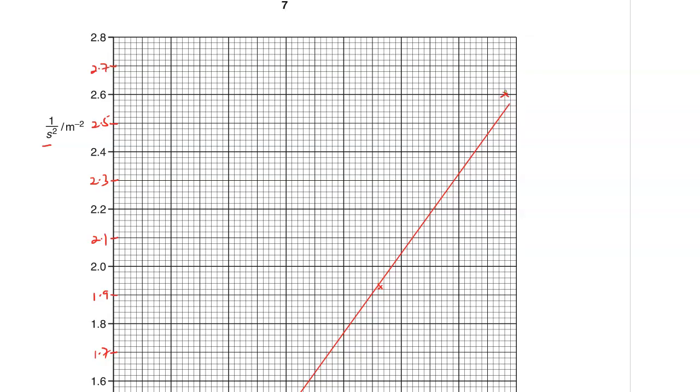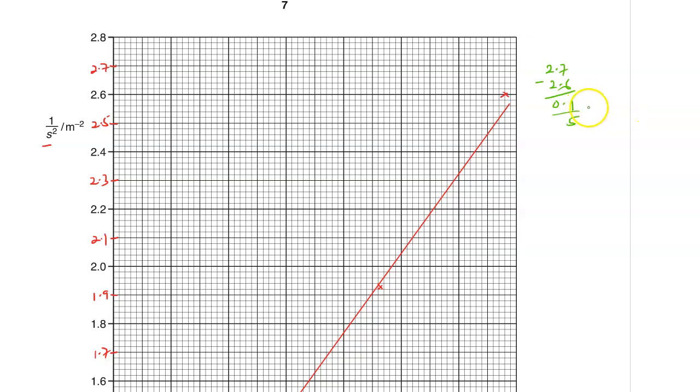So each one of these is 0.1. This is 2.7 minus 2.6. This gives us 0.1, and 0.1 divided by 1, 2, 3, 4, 5.